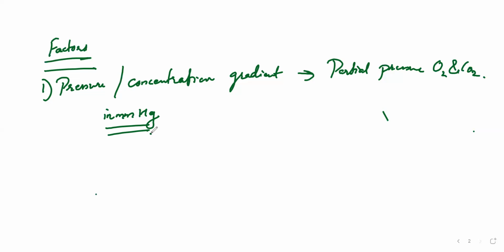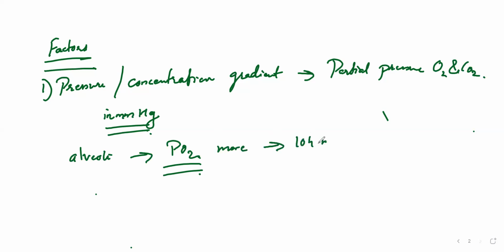Depending on that, the concentration gradient will vary. For example, in the alveoli, the PO2, the partial pressure of O2, is more than in other parts such as the capillaries or tissues, about 104 mmHg.